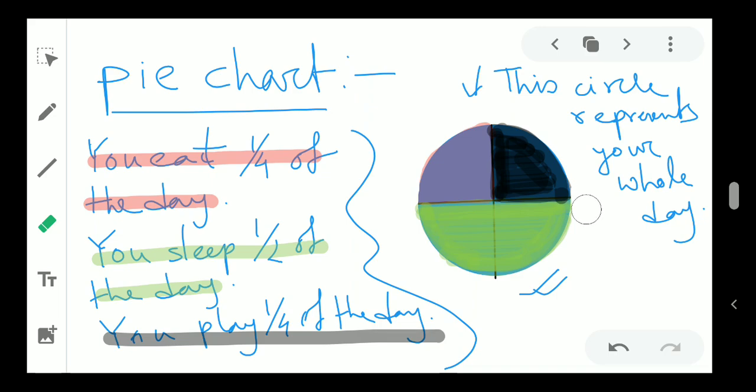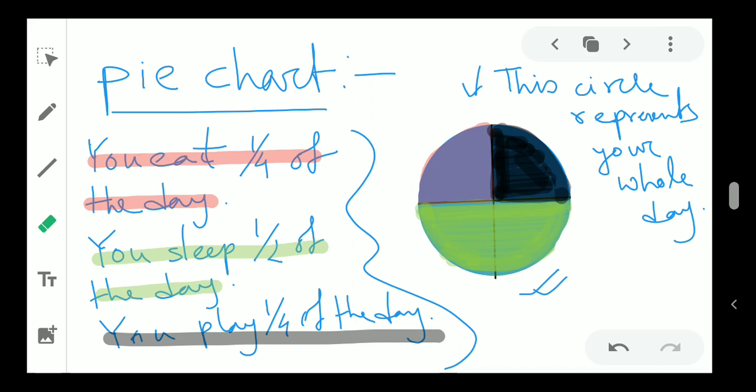It not only shows your routine, but is also used for your expenditure, your budget, and much more, like the distribution of food and whatever. So this is called a pie chart. Generally this will be less for now, because later on you will learn it in detail, but for now you just know this much.